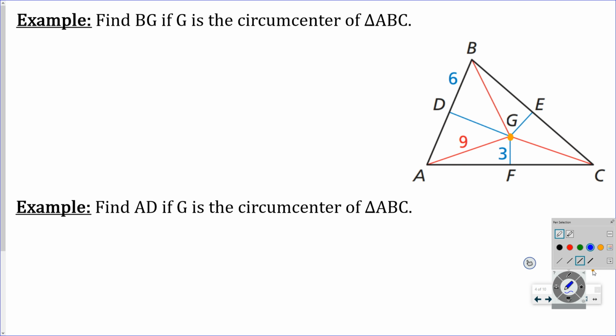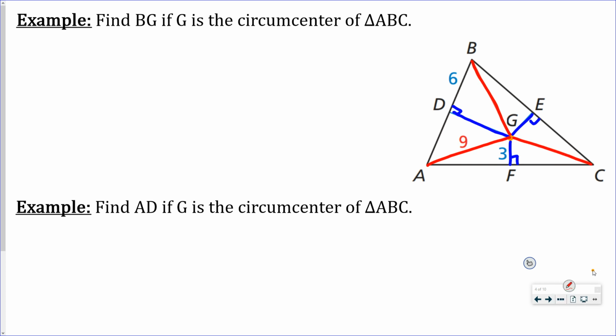The line segments drawn to each side would be your perpendicular bisectors, because that's what a circumcenter is. It's where those intersect. What they're showing you in red are the distances from the circumcenter to each vertex of your triangle.